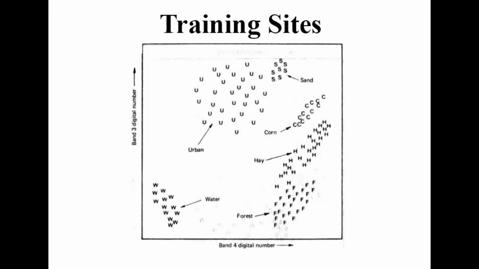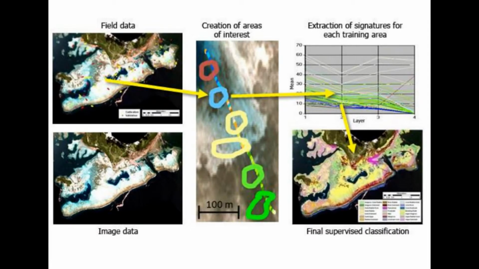So you do this by selecting a specific location, like a water body, as a section of the map and saying, map, this is water. So you select an area of water and you say, okay, computer, this is what water looks like. I want you to select all the water areas based on what I've shown you what water looks like. So I want you to look at places that exhibit the same characteristics as this region that I've just shown you.